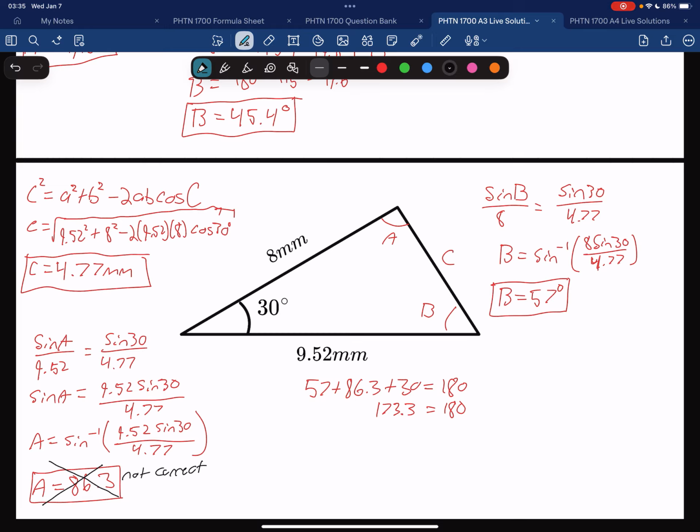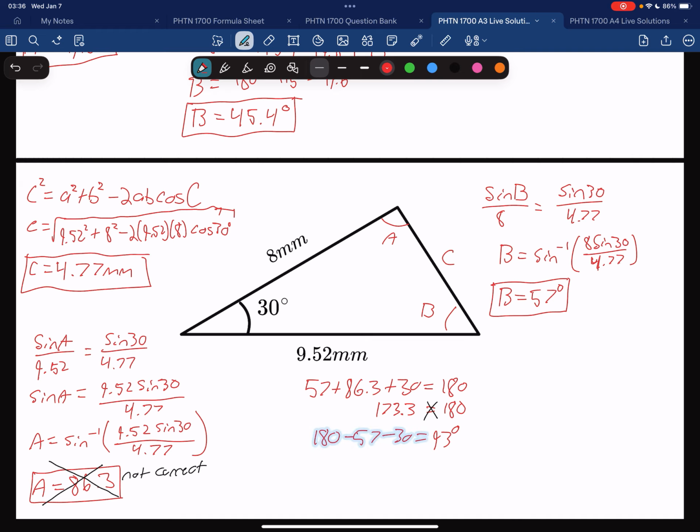So if we go ahead and cheat just a little bit here, we will see that if we ignore the 86 one, and we instead write this as 180 minus 57 minus 30, we will see that we need an angle of 93 degrees.